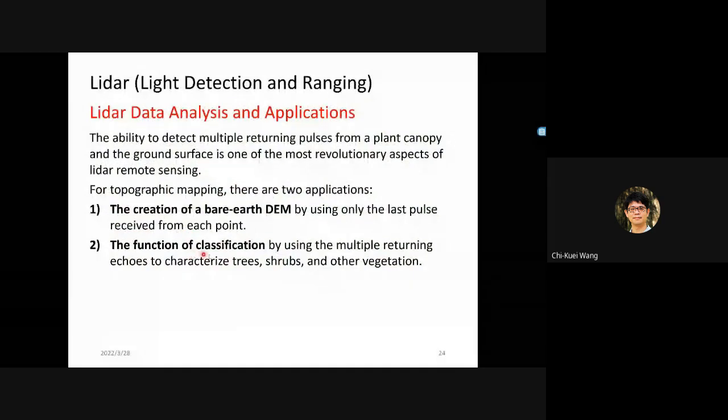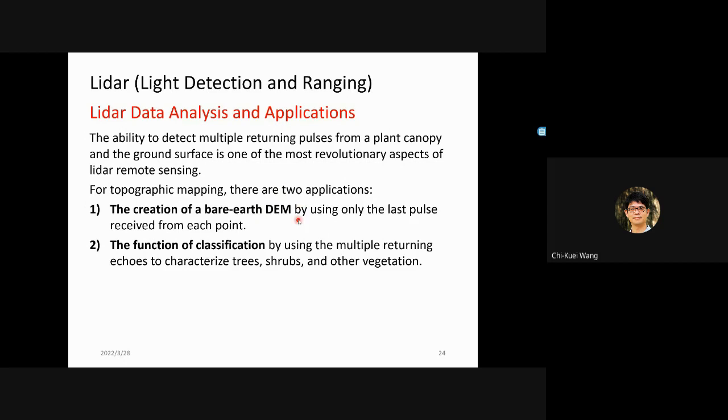We can use it to create the DEM by using the last return of the pulse, and we can use the classification functions to characterize trees, shrubs, and other vegetation.